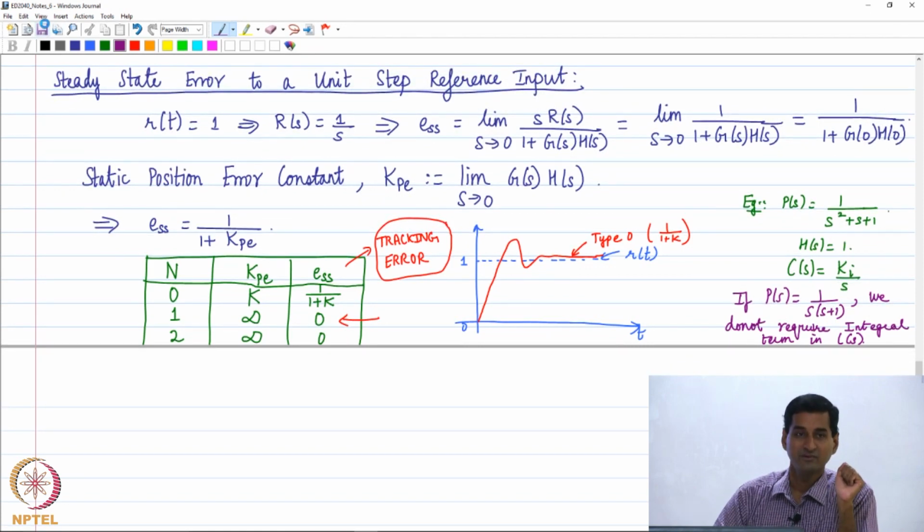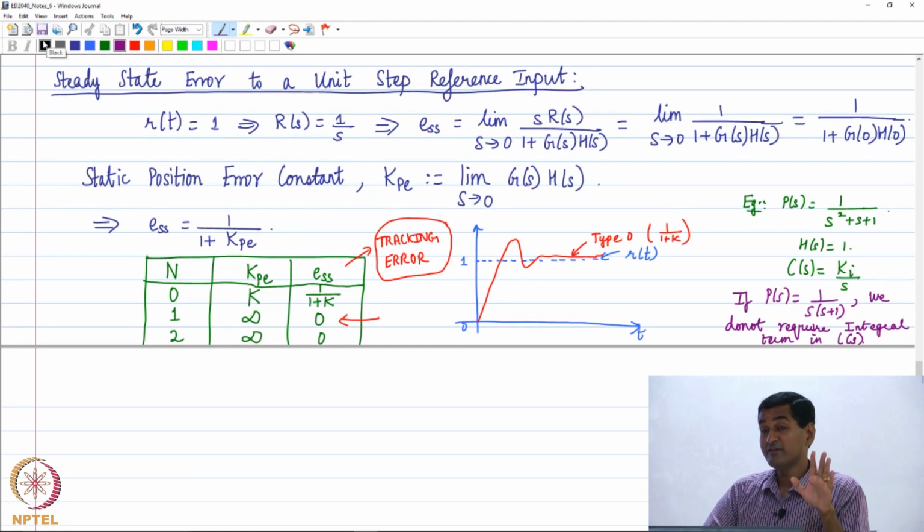Is it clear? We will shortly see, when we go to the root locus and other analysis, that purposefully introducing a pole at the origin has a counteracting effect. Nothing comes free.